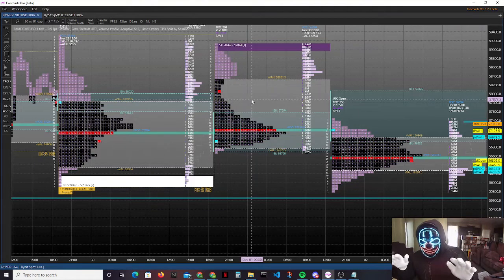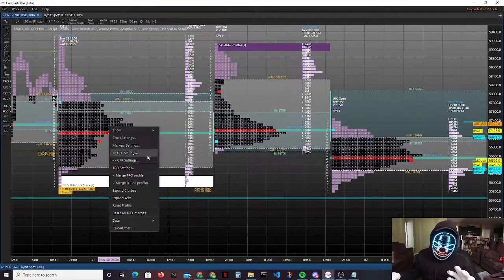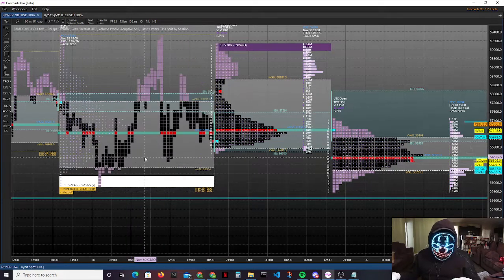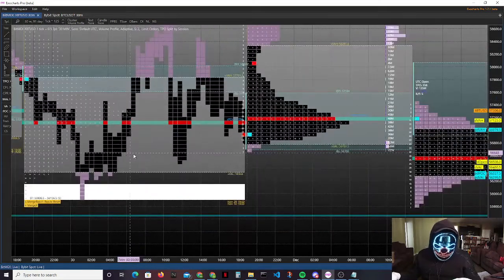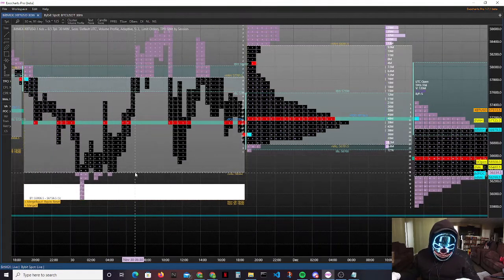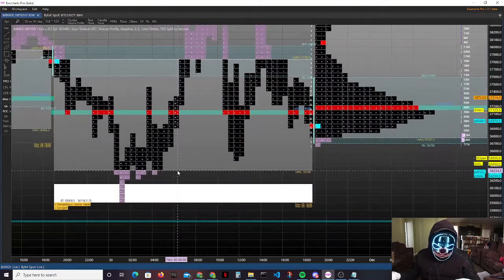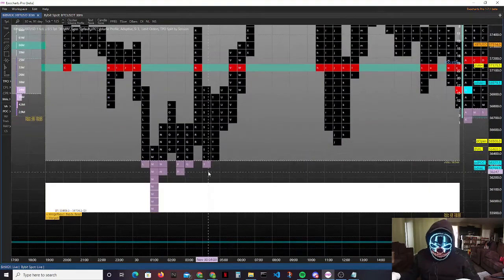Not necessarily, but whenever you see 3 in a row, 4 in a row going in one direction, there's probably something going on. Let's see if I can find a good example of this. Yeah, I can use this one. It's not my favorite, but this is a good example of one time framing.